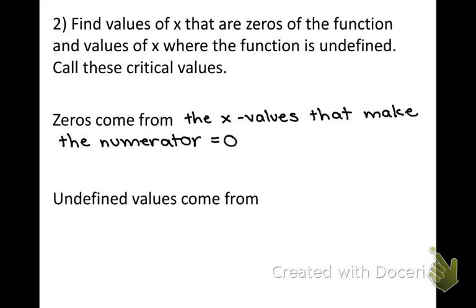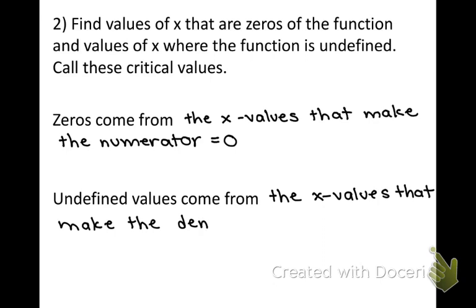So to find our zeros, we set the numerator equal to 0. And the undefined values come from the values that make the denominator equal 0.